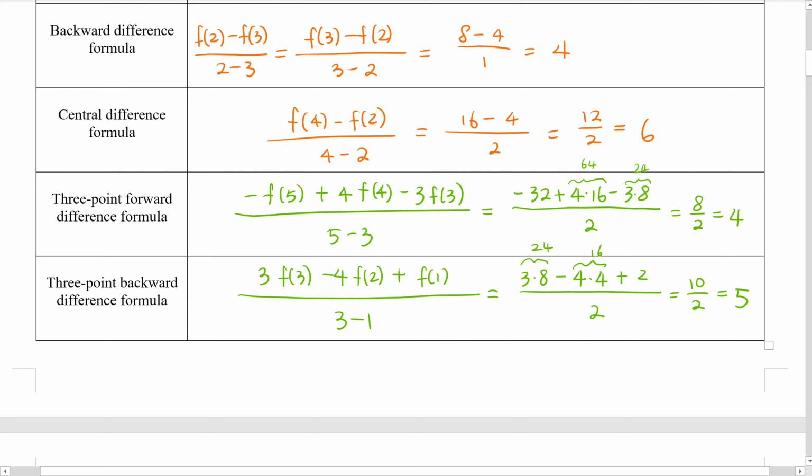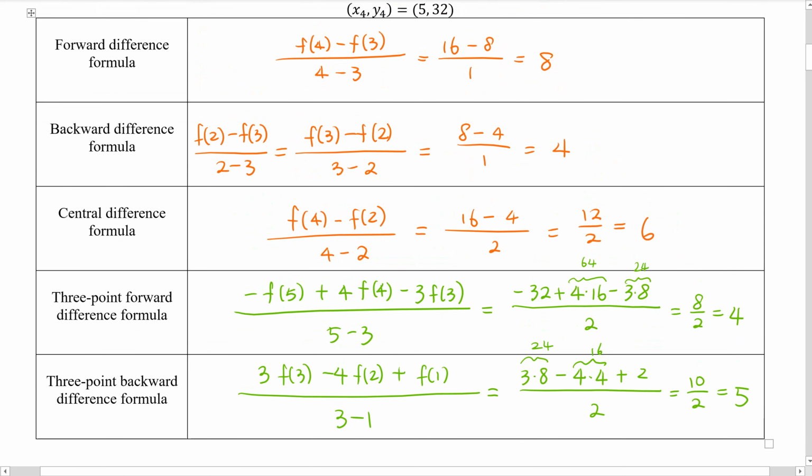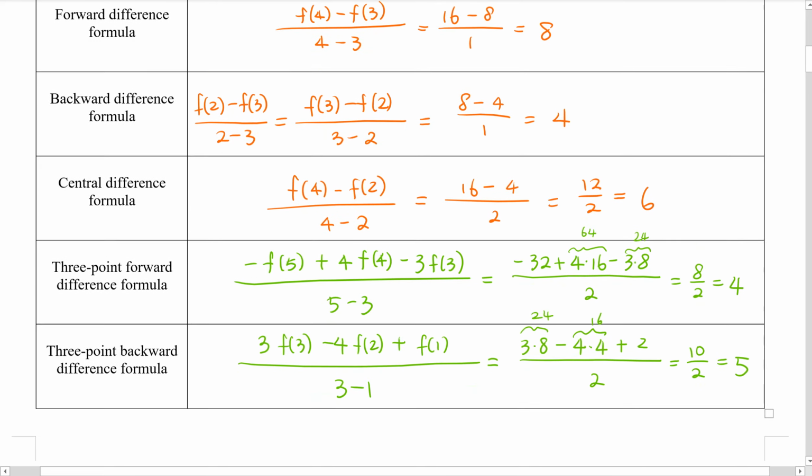So here we learned 5 formulas to approximate the slope of the tangent line at a point. So far, so good, everybody? We just figure out the point, find the correct formula, plug it in and calculate. All right, let's continue.